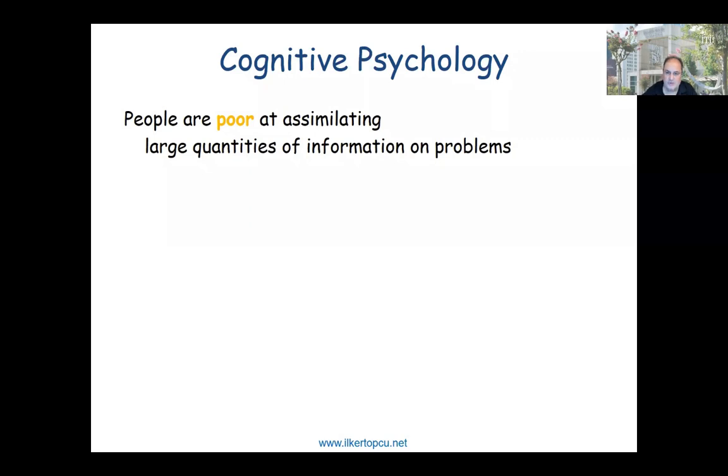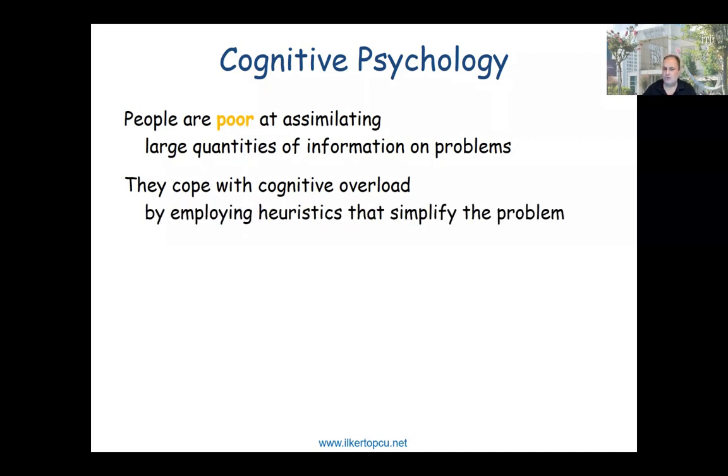We can say that people are not good at aggregating large quantities of information on problems. When they face cognitive overload, especially in complex problems where there are lots of elements and factors to deal with and analyze, they most of the time employ some heuristics. Maybe they use the decision from a similar problem they have made previously, or instead of dealing with the whole problem, they just deal with a small portion of it.